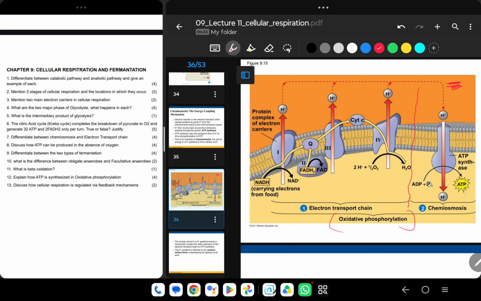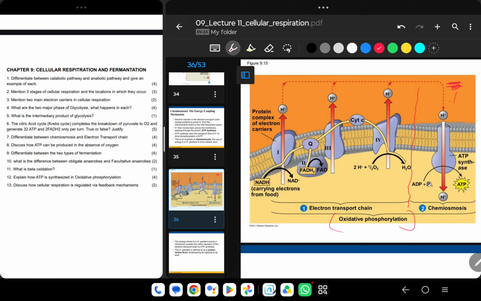So when these H plus are outside, they are able to move back into the mitochondria through the help of ATP synthase.